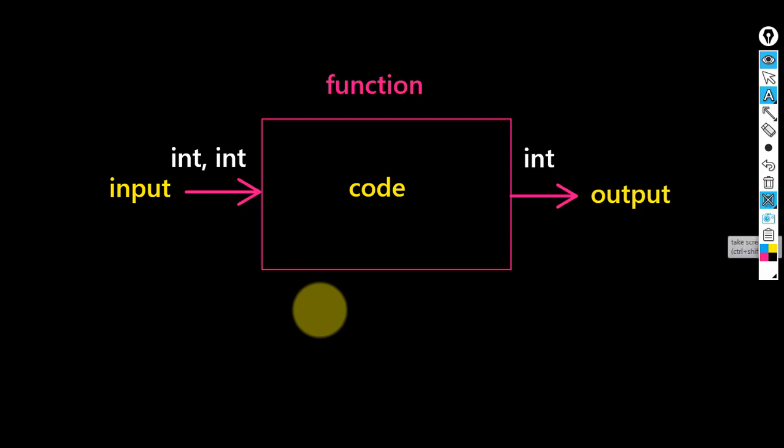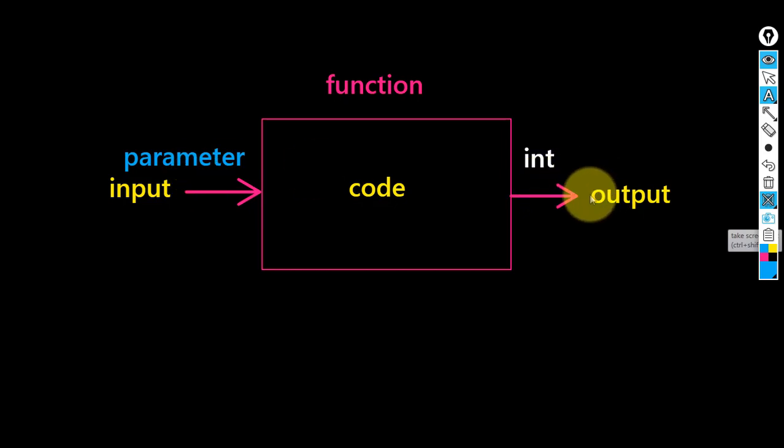So we have a block of code that we call a function, and it takes two integer values as input and produces a single integer value. What are these integers called in the context of a function? We call them parameters of the function. What is the output value called? It's called a return type.